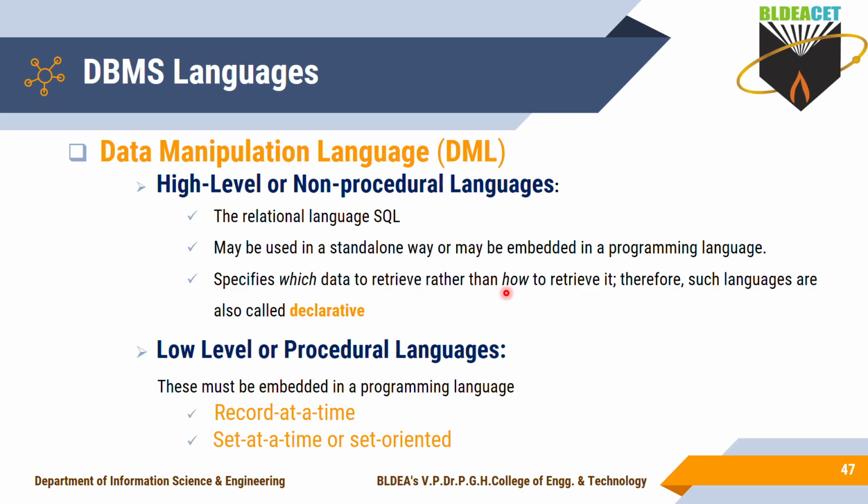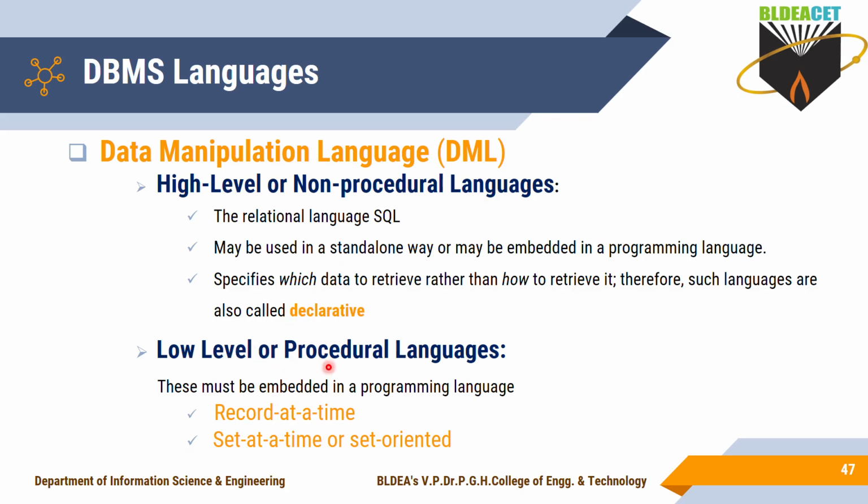But how you are retrieving that is not covered in this high level language. That's why you call this one declarative. Declarative means what? It bothers about the data here, which data you want to retrieve. How you are retrieving that information does not come under this high level or non-procedural language.